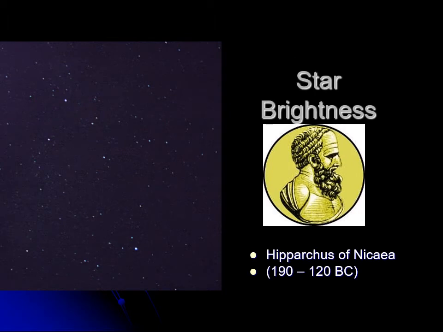One of the first records we have of anyone measuring and recording the brightness of a star is Hipparchus of Nicaea, in about 150 BC. He was measuring the properties of stars and making catalogs of stars and recorded how bright they were. He did this in a particular fashion that we now call magnitudes.